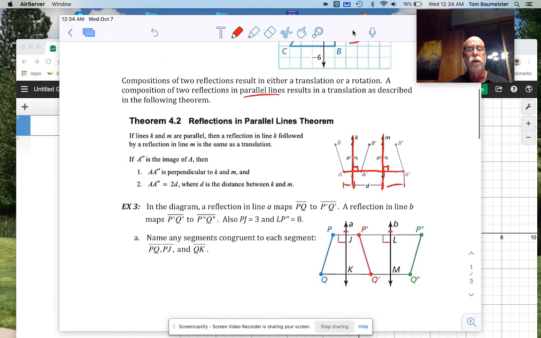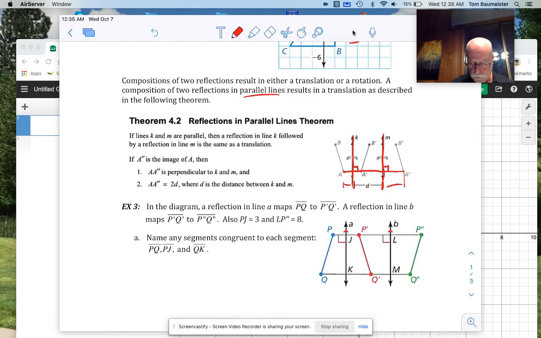And you can see it here in example 3. In the diagram, a reflection in line A maps PQ to line segment P prime Q prime. A reflection in line B maps line segment P prime Q prime to line segment P double prime Q double prime. Also, PJ is equal to 3 and LP is equal to 8.